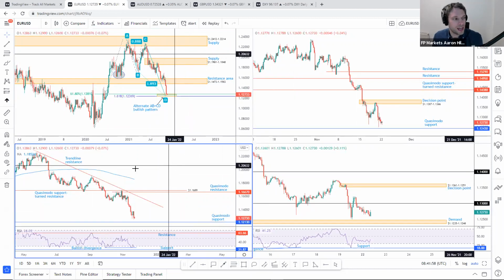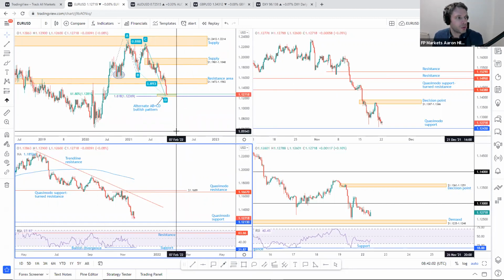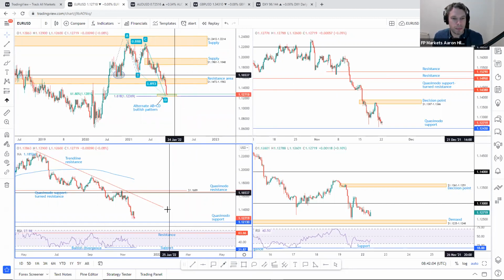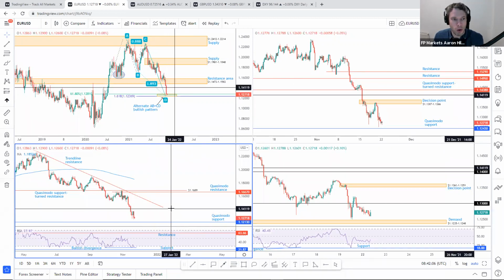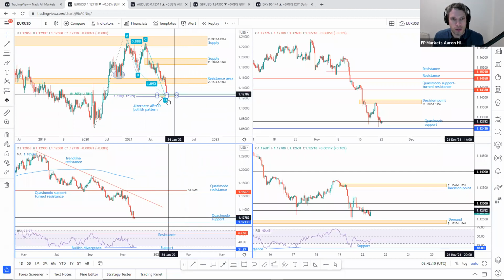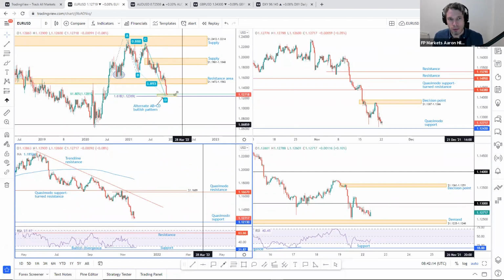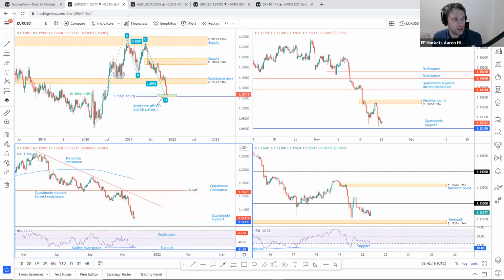Now, onto the daily time frame of the euro dollar. We can also see that we have room to move lower on the daily scale to Quasimodo support at 1213, which kind of confirms or partially validates the downside bias on the weekly scale right now.